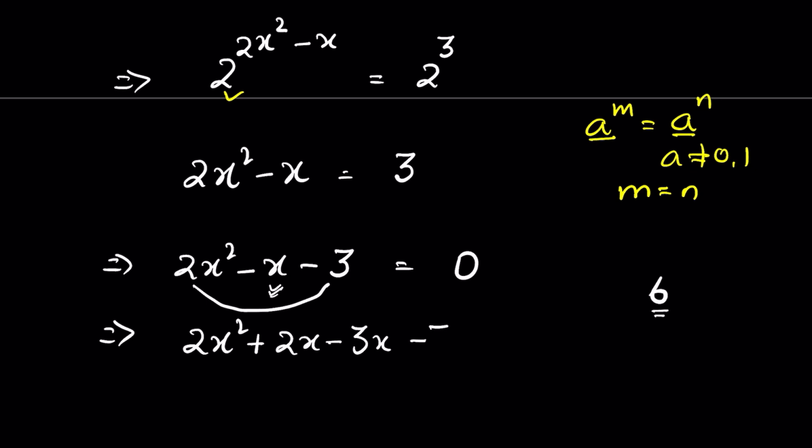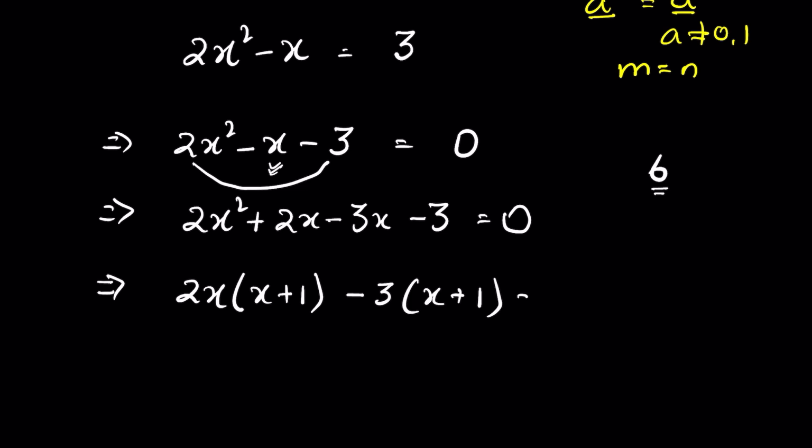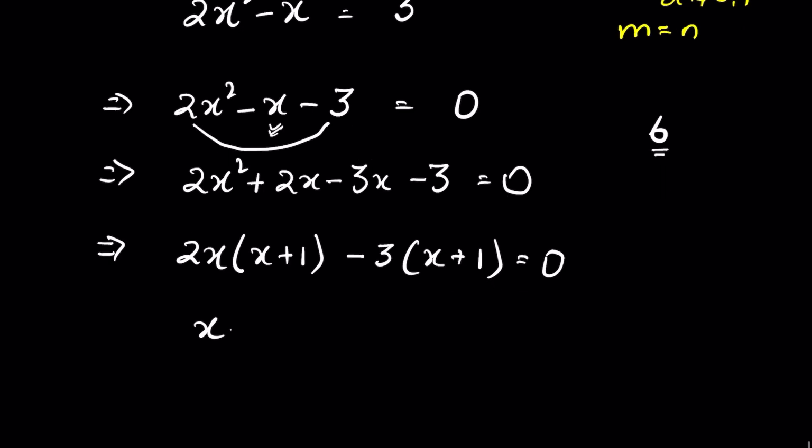Minus 3 is equal to 0. Here we can take 2x common and write x plus 1, and here minus 3 common and write x plus 1 is equal to 0. x plus 1 is the common factor. So x plus 1 times 2x minus 3 is equal to 0.